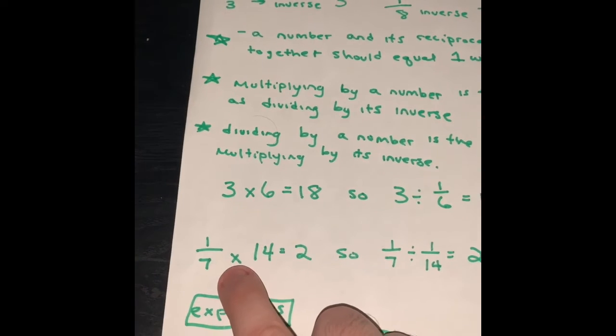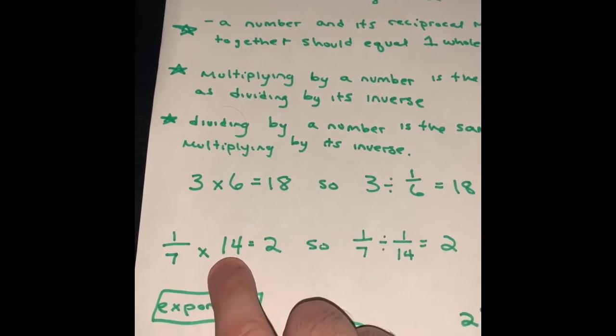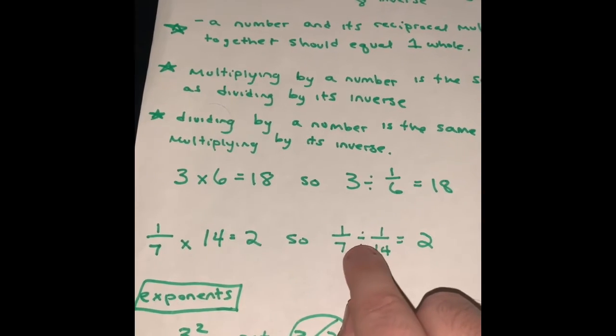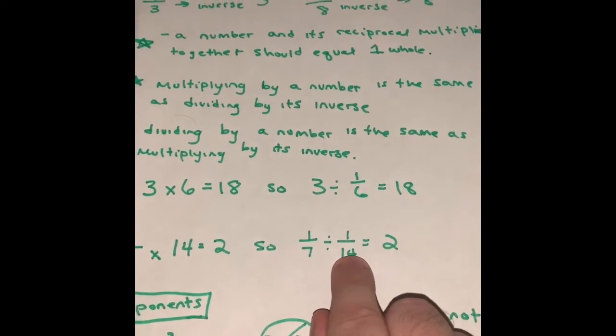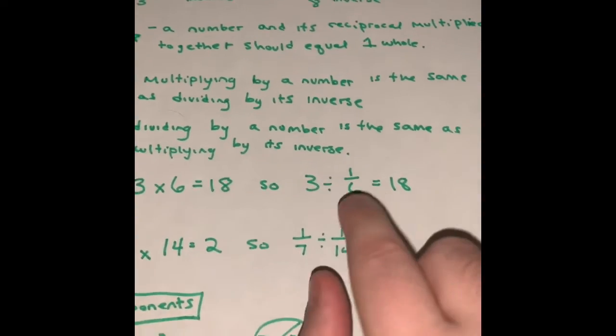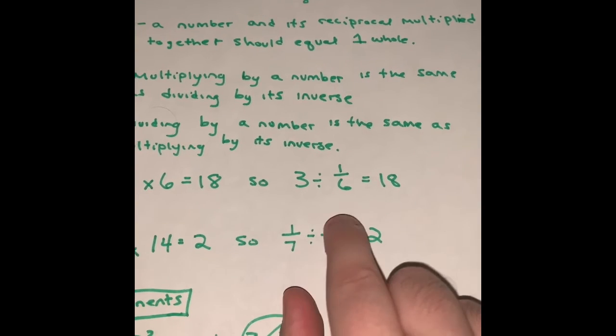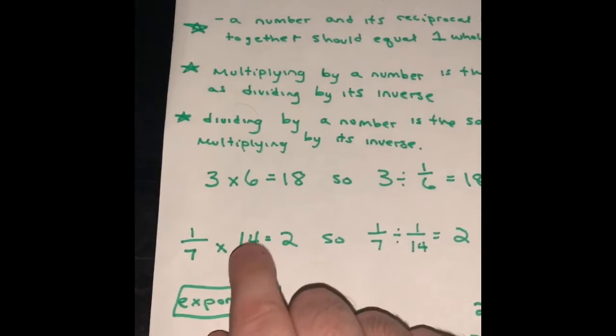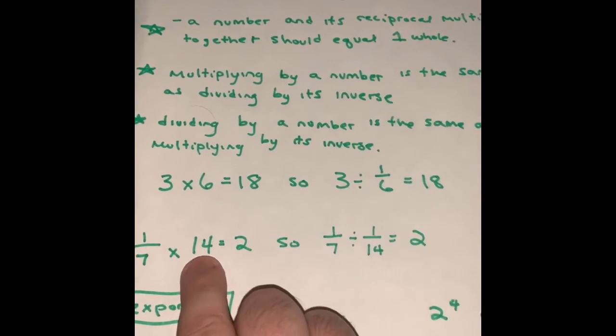If I was going to multiply by 14, I know that's the same as dividing by 1 over 14. So also, if I did it the reverse way, I know that dividing by 1 over 14 is the same as multiplying by 14 over 1.